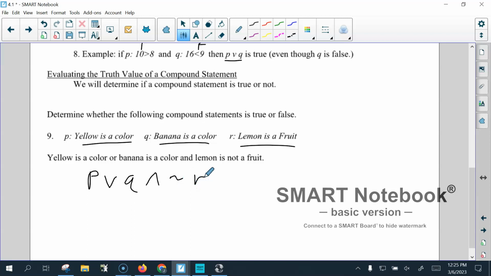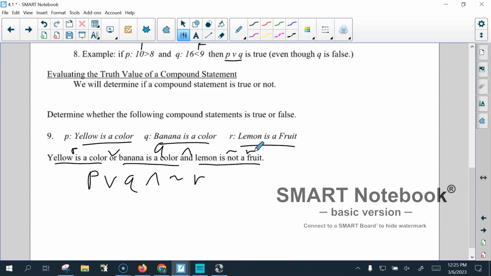So it looks kind of weird and different, but it's really pretty easy. You're literally just translating. You're substituting P in for this. You're substituting Q in for this. You're putting in R for this. This is the tilde. This is that. And this is that. So we have P. I mean, you can even do it this way. Kind of break it down step by step in the statement, whatever's best for you.